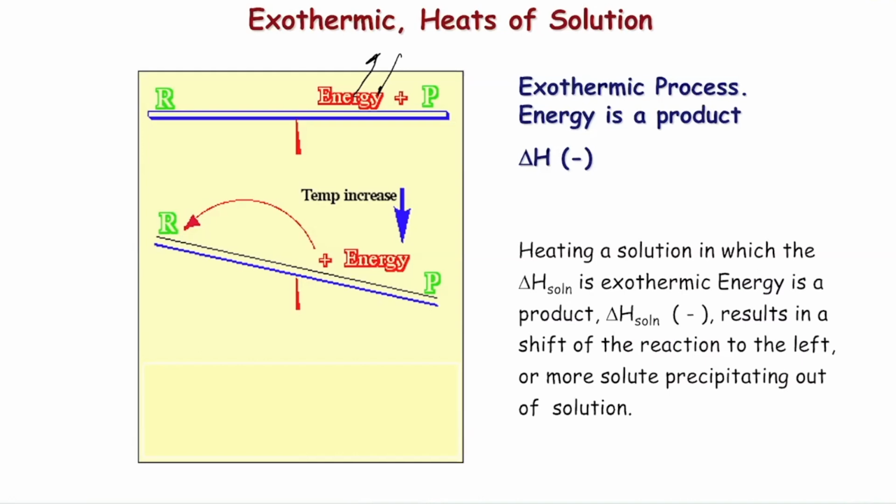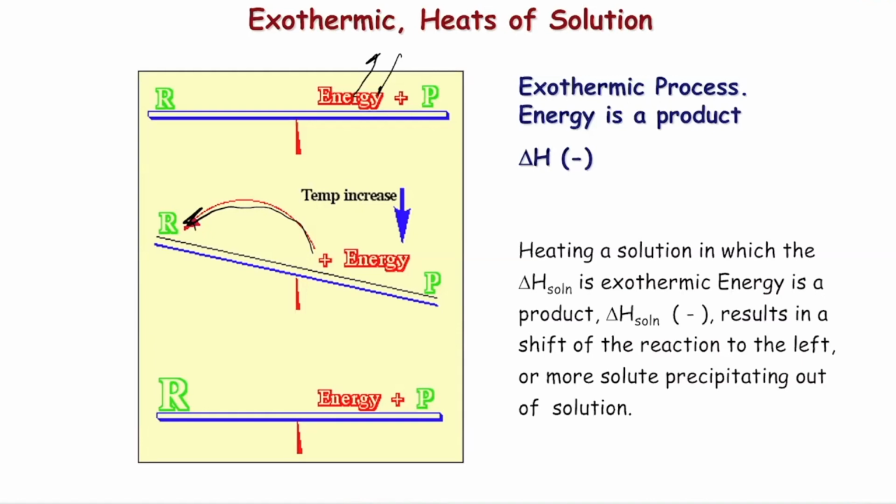But the fact that it's an exothermic reaction means that the products are going to be more responsive. You're adding energy in this visual aid to the product side. The reaction has to reverse itself. The reaction is going to produce more reactant for an exothermic reaction.